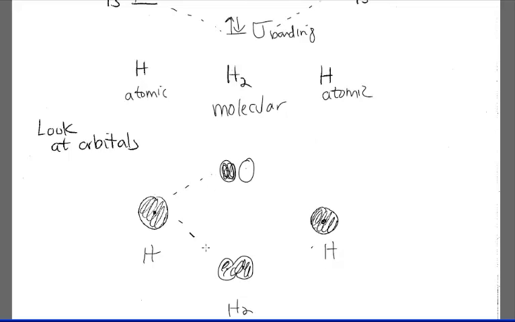So the bonding one allows the two electrons to fill the same space, whereas the antibonding one has a node between two lobes and the electron cannot be between. So this is the antibonding, and this one is the bonding.